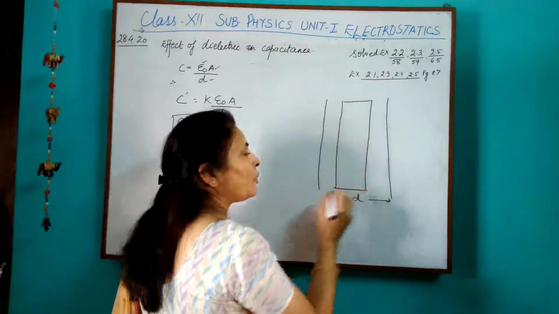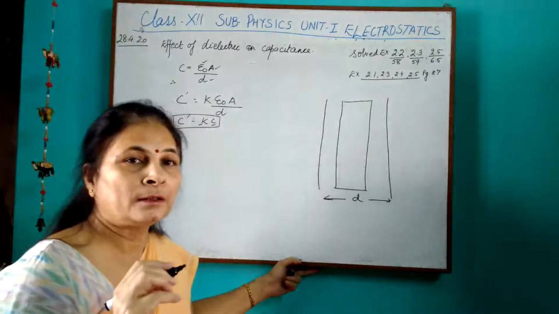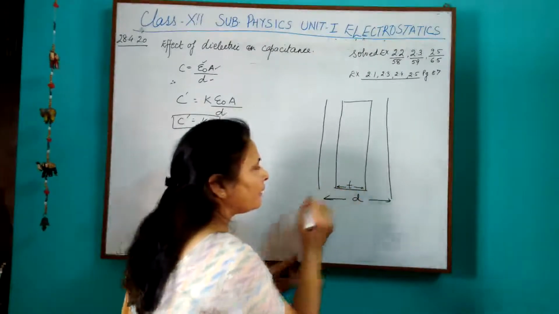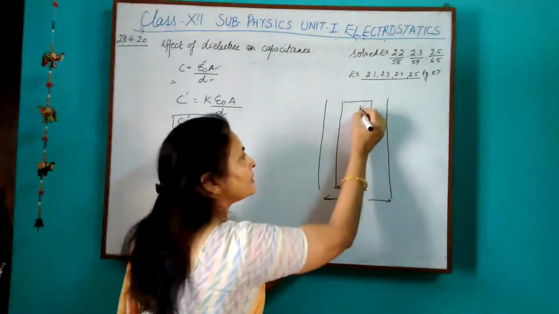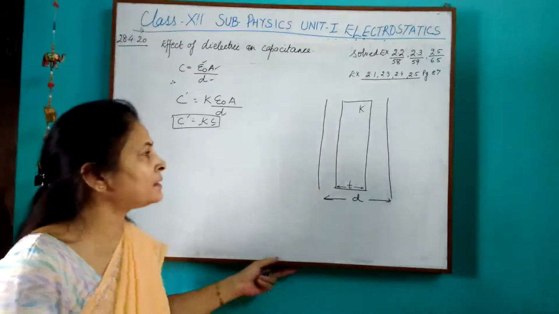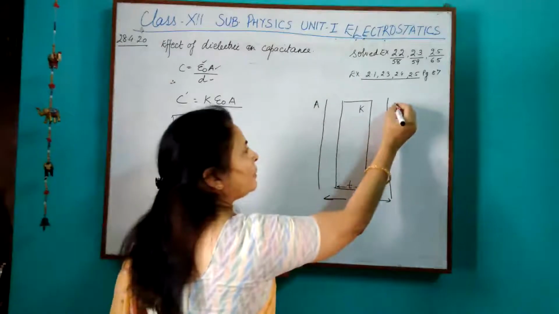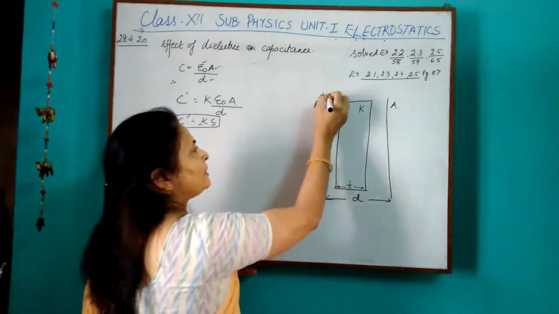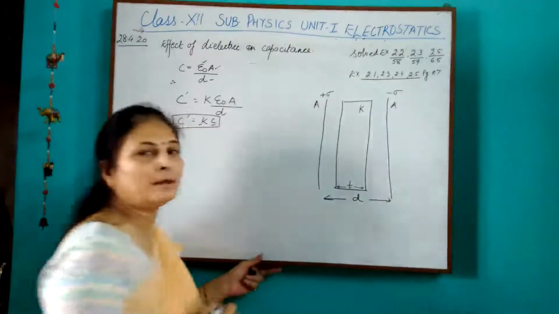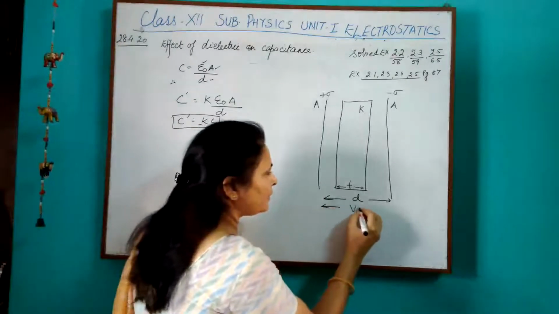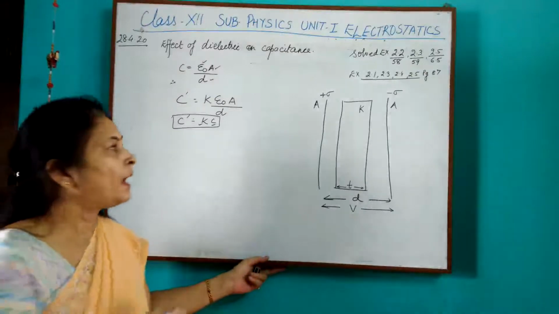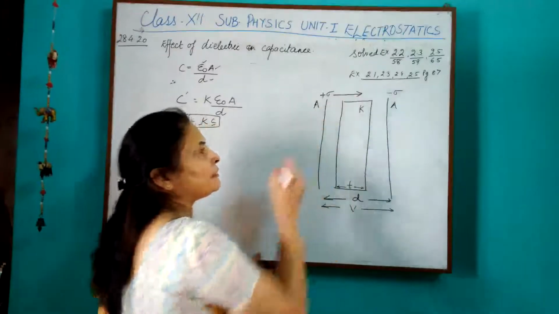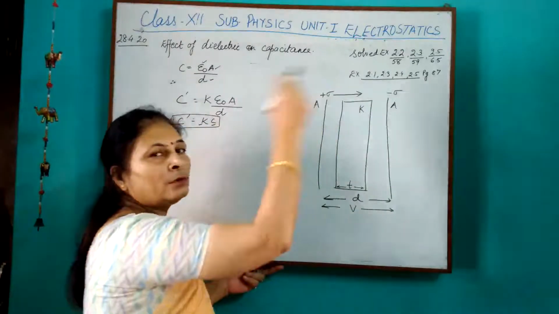That is, the whole space is not filled with dielectric, only a part of it of thickness say T is filled with a dielectric of dielectric constant say K. So now the situation is, we have a parallel plate capacitor of plate cross-section area A, distance between the two plates D, charge density on each plate plus sigma and minus sigma, potential difference between the two plates V, and as you know, because of plus charge density here and minus charge density here, an electric field will be set up in the direction from the positive plate to the negative plate.